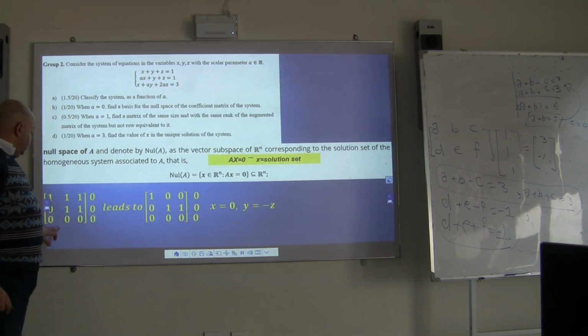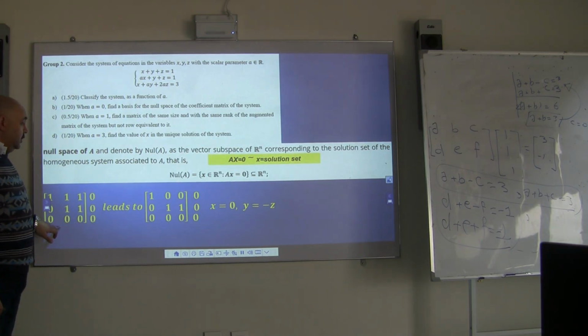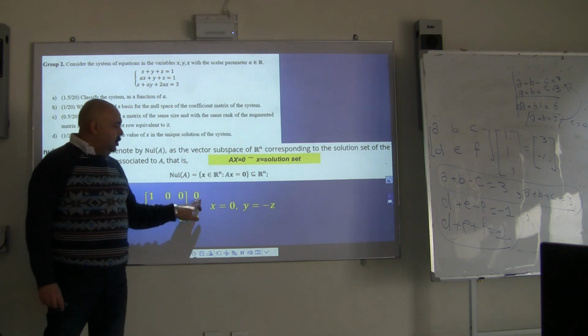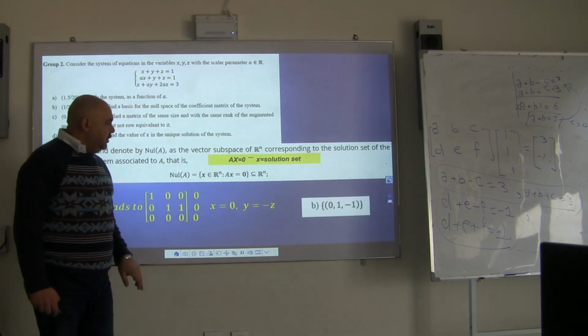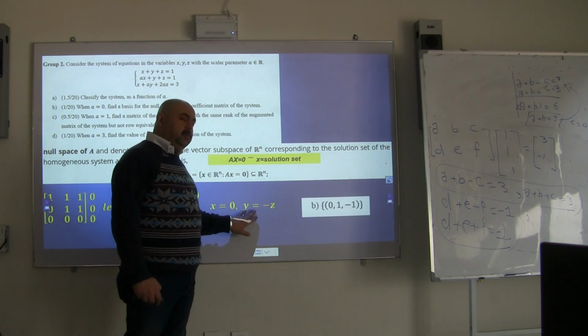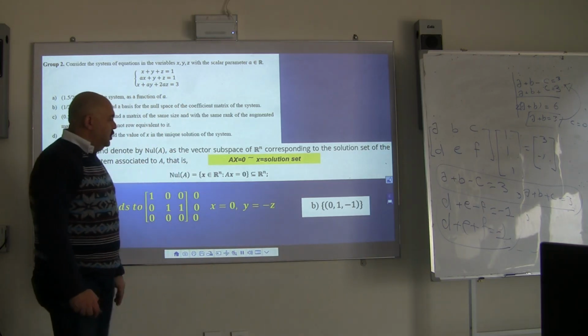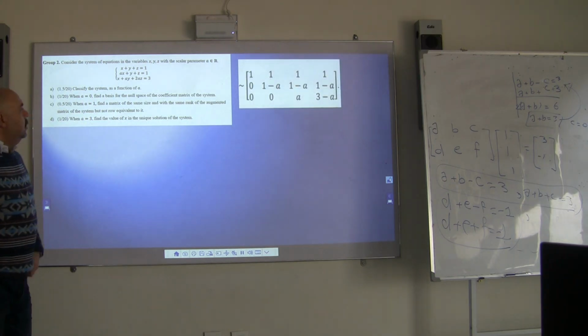This is going to be the shape of your matrix, which is going to lead to this result as a reduced echelon form: x equals 0 and y equals negative z. So once you substitute in the solution z, you will end up having 0, 1, and negative 1.